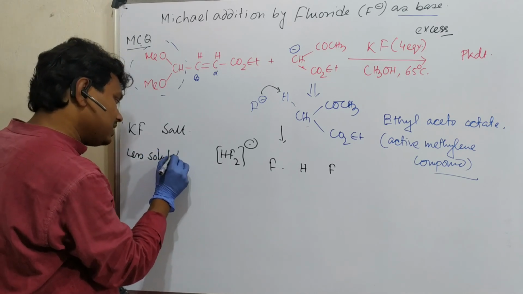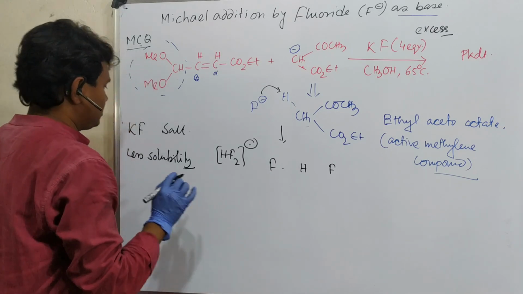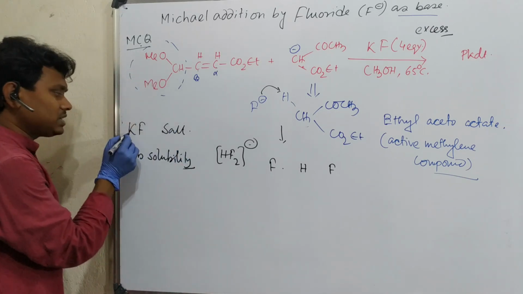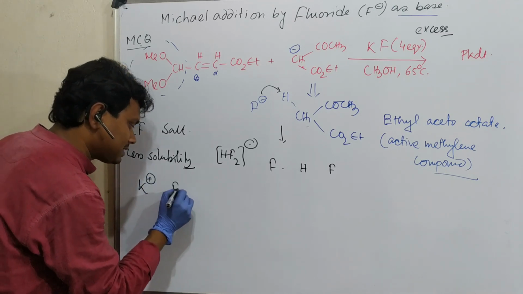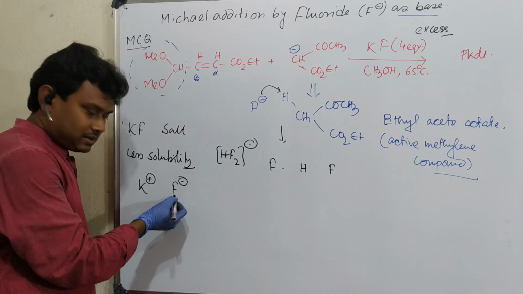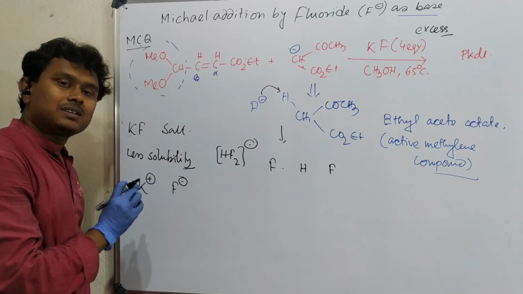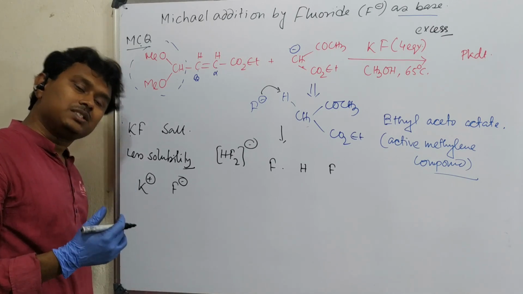Better to say relatively less solubility. Potassium salts are moderately soluble. Second, if you see the corresponding ions, it's an ionic compound, K plus and F minus. We know that if the anion size is smaller and the cation size is bigger, packing is better and the crystal is stable. So crystal dissociation is difficult.